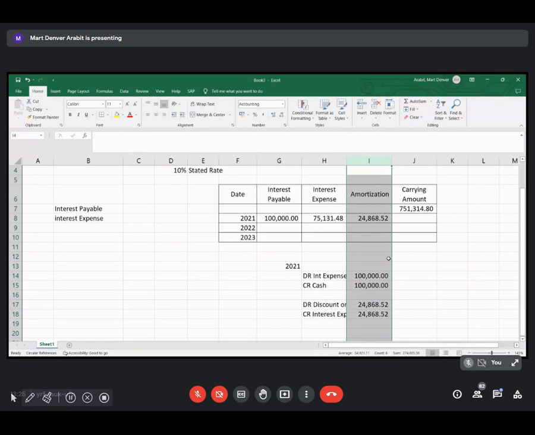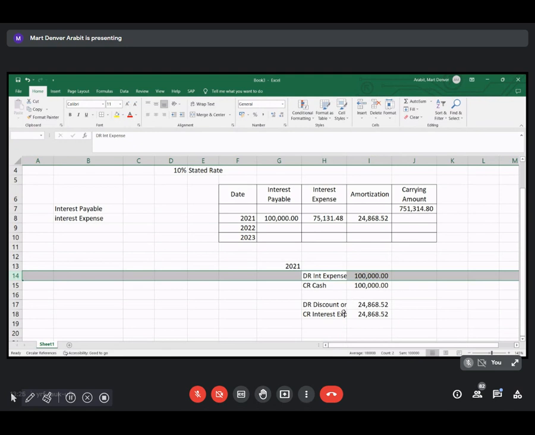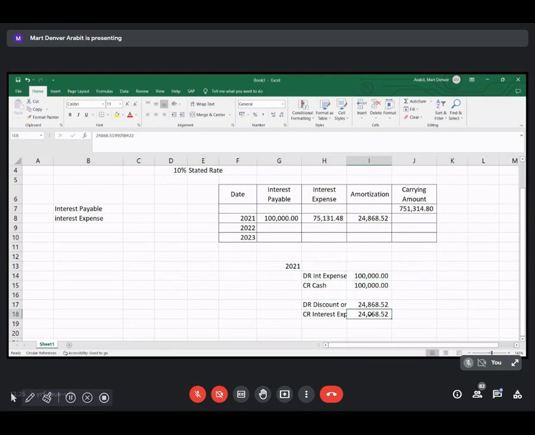If we summarize it in the trial balance, you had a debit of 100,000. Then you have a credit of 24,000 in interest expense. So if we deduct that, that is the interest expense recorded for the year.